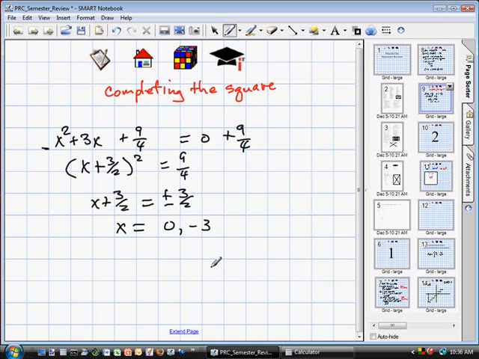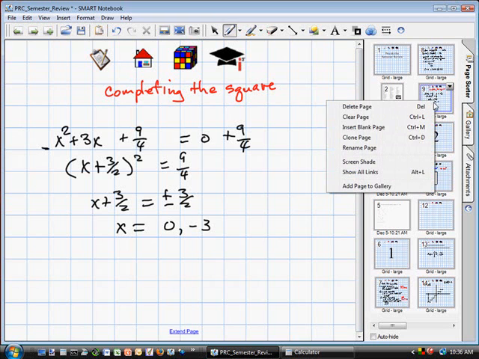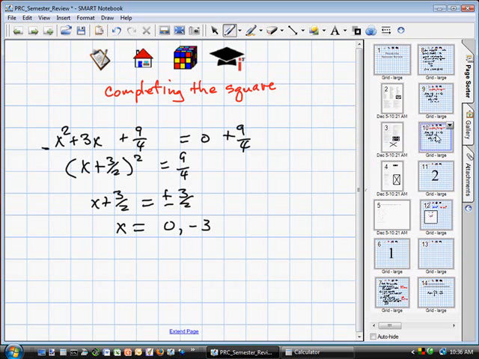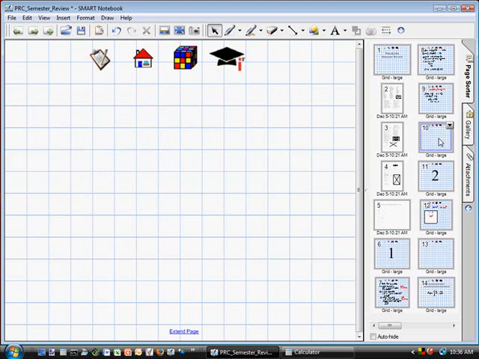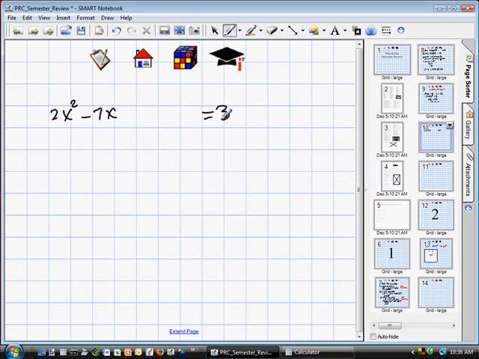Because I'm next going to do one where we have a coefficient there. To do one with a coefficient, there's actually two things we could do. So one with a coefficient might look like this: 2x squared minus 7x equals 3, solved by completing the square.